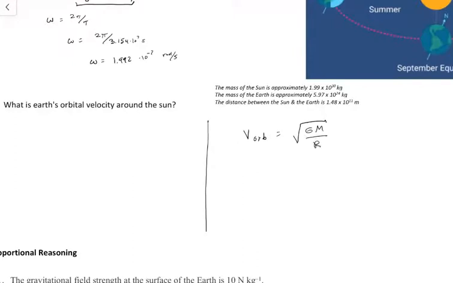And I have that information. I've got capital M, which is my mass of the Sun, and r, which is the distance from the Sun to the Earth. So I want you to pause the video and solve it using this method, because I'm going to solve it via another method. So go ahead and complete this.